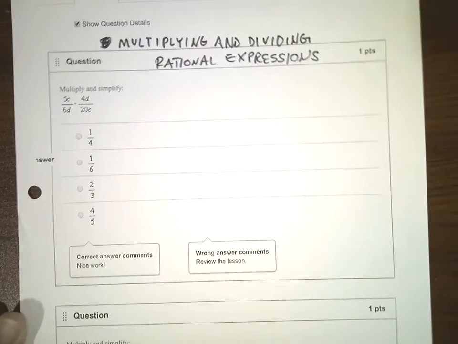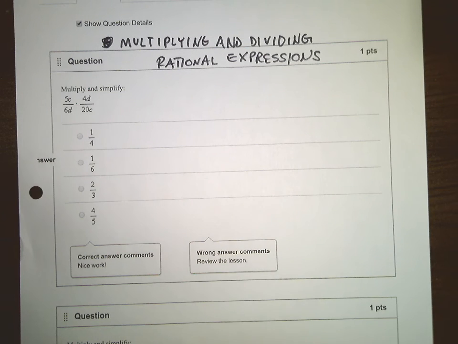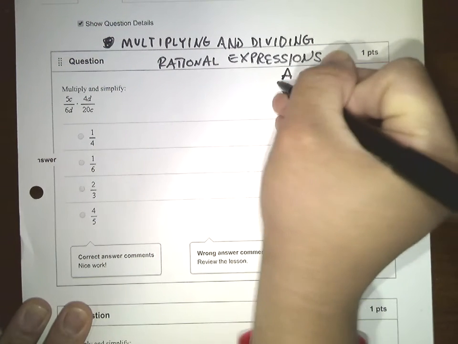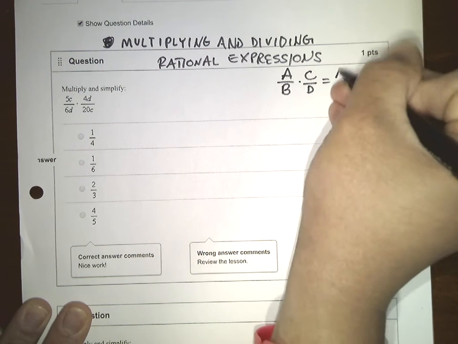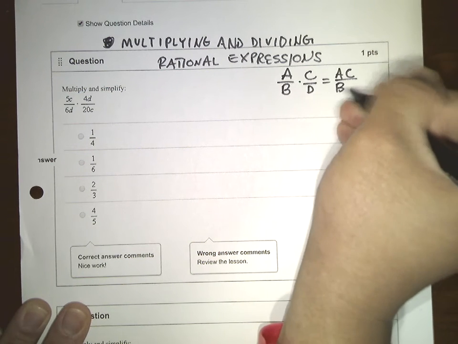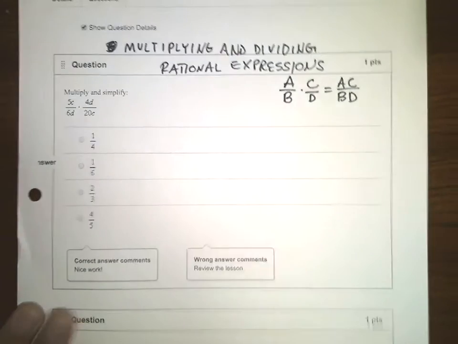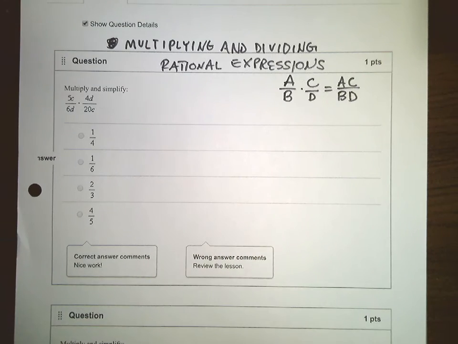Alright, so what are we going to do here? Well, we're going to do this similarly to how we would multiply and divide just fractions. For a over b times c over d, that's a times c over b times d, and then we will simplify the result.